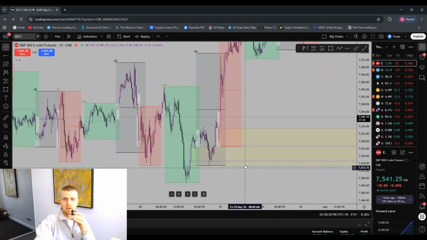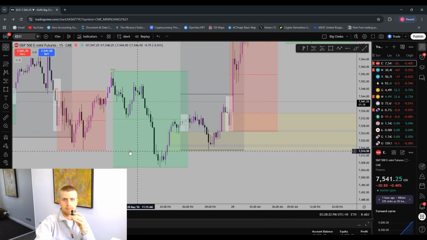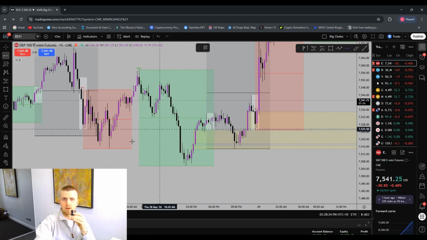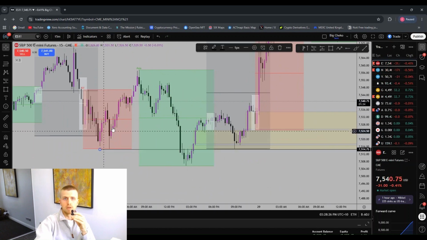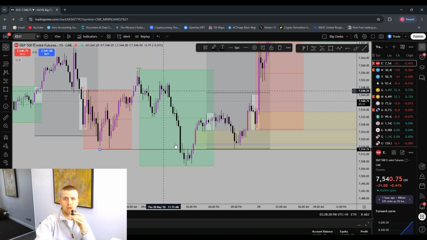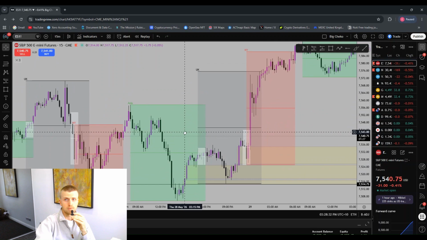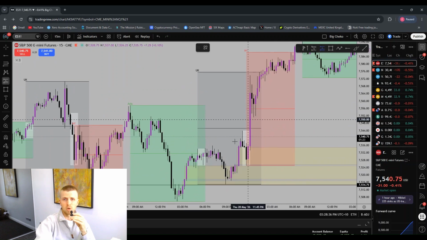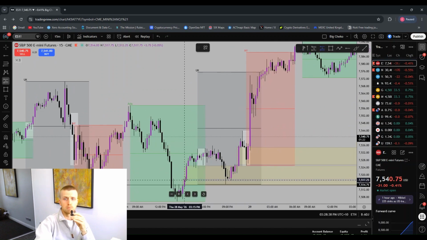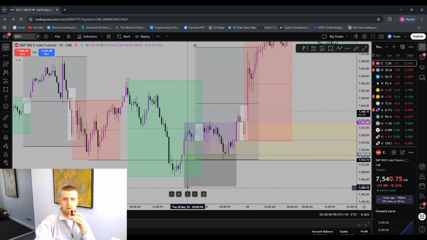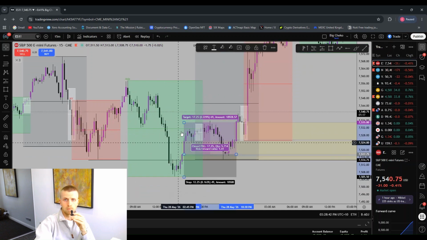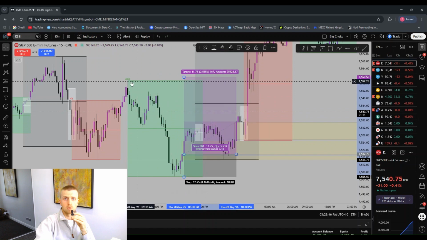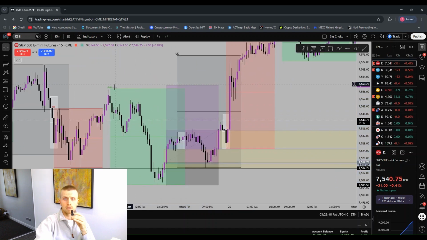For instance, here we take out previous session New York. During Asia, it sweeps the low, it closes back above. And just like on the liquidity sweeps, we would wait for a close back above, stop loss just below, and then target areas of liquidity, which is the highs over here.